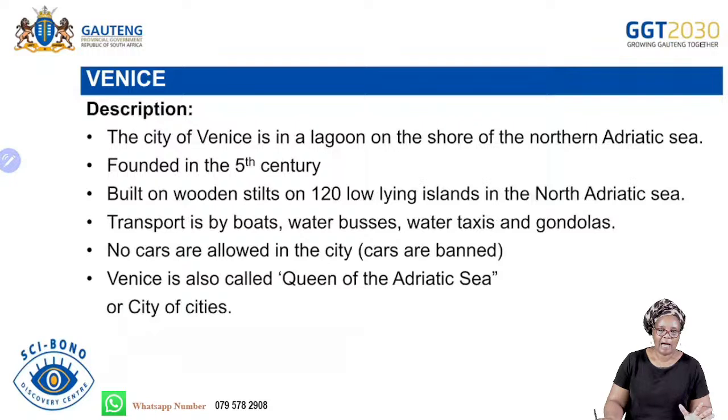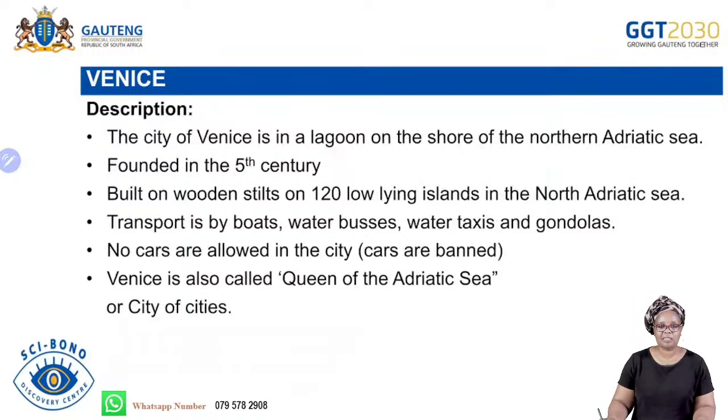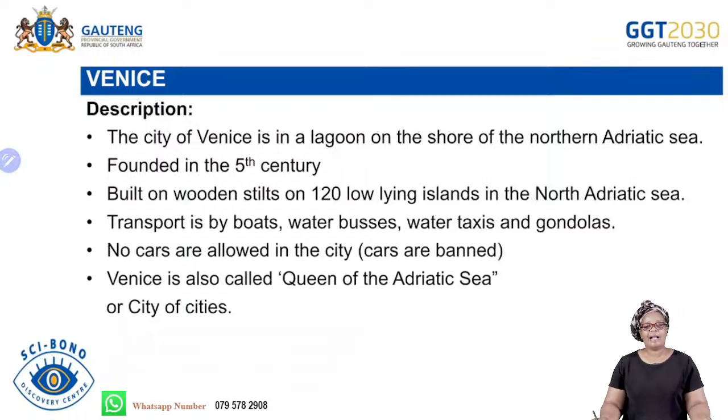The most amazing thing about this city is that it is built on wooden stilts. You know the stilts? The wooden stilts on 120 low-lying islands in the North Adriatic Sea. So, in short, this city is built in water.